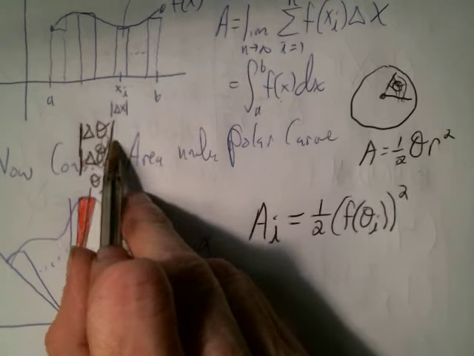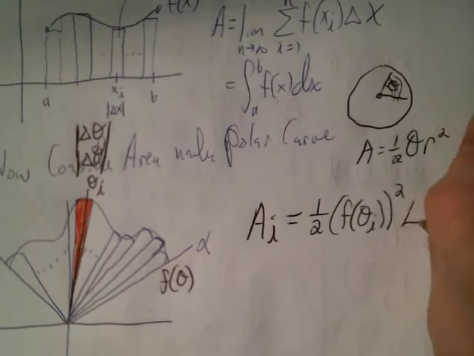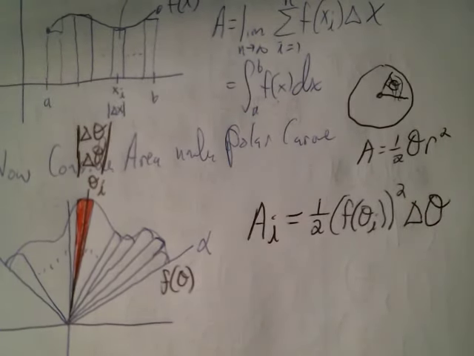Or if you'd rather be less technical, you say change in theta sub i. I'm just remembering the way we generated the Riemann sum in this book. So anyways, that's the area formula.